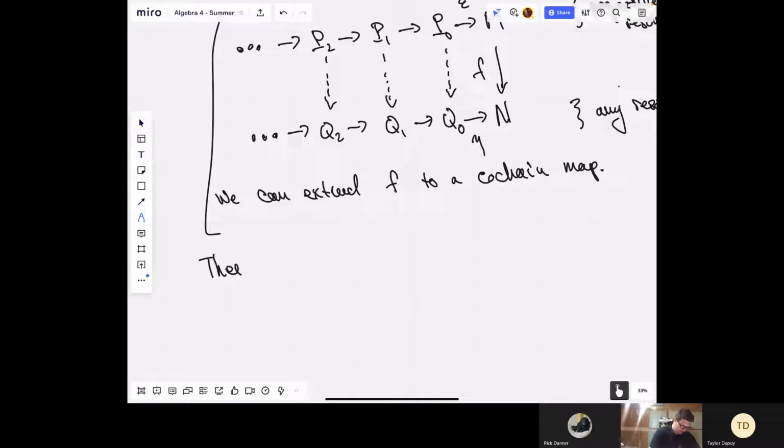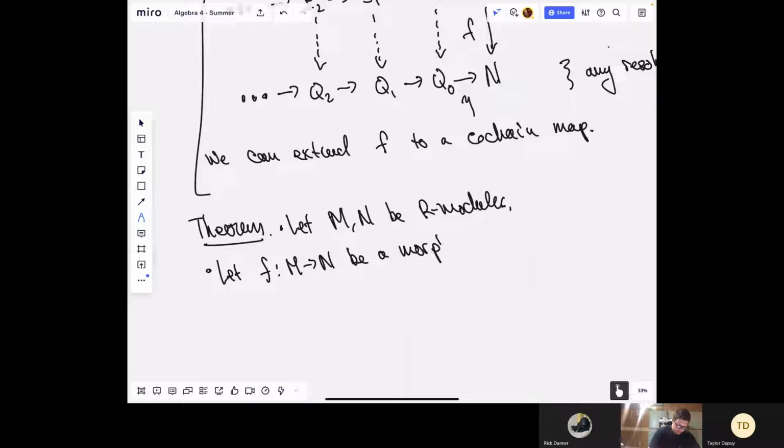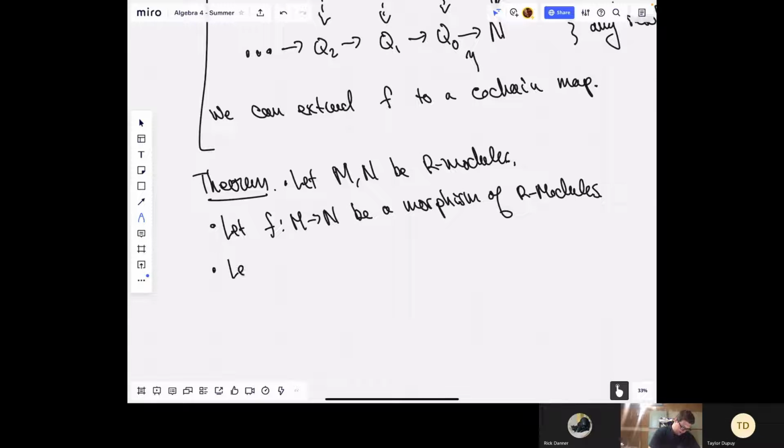So the theorem is, let M and N be R modules. Okay, and we're going to let F from M to N be a morphism of R modules. Okay, and then we're going to let P to M be a projective resolution.